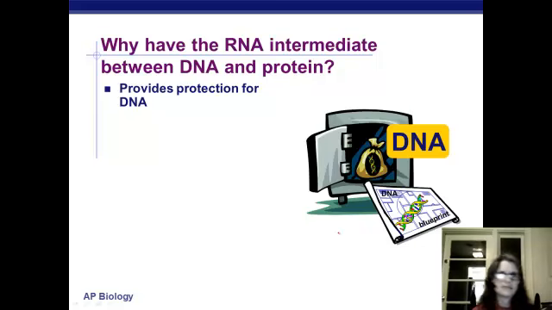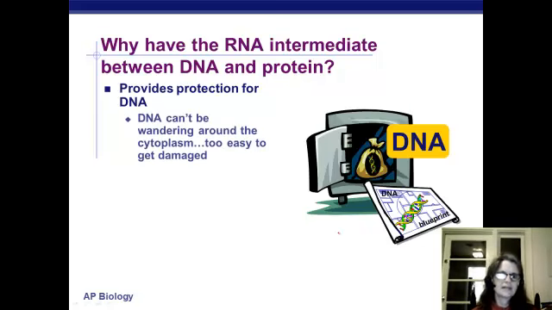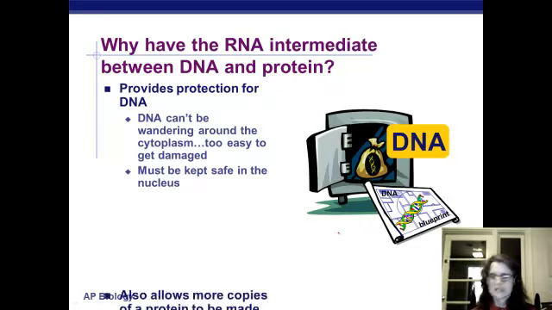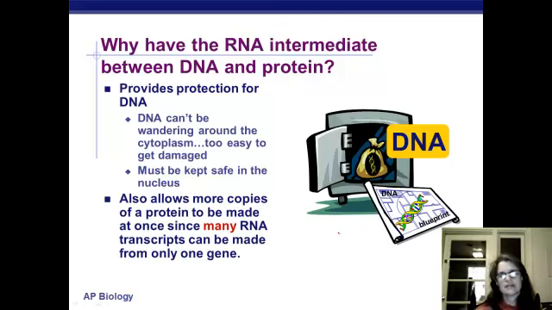If we need to send these, the Constitution, for example, out into the world, we make copies. We don't send the original out for everyone to peruse. It could get damaged. So instead of sending the DNA out into the cytoplasm of a cell, we keep it safe in the nucleus, and we send a kind of copy of it out into the cytoplasm.